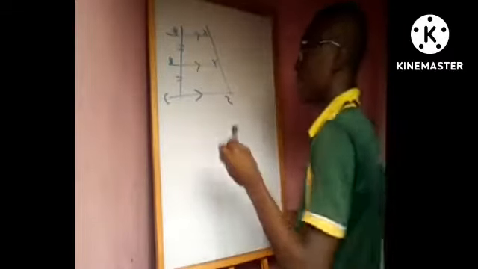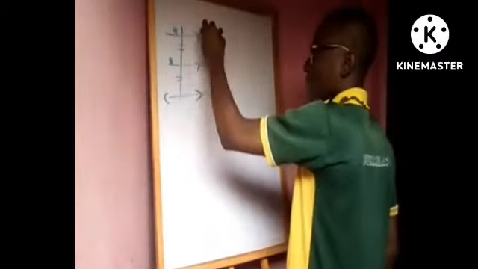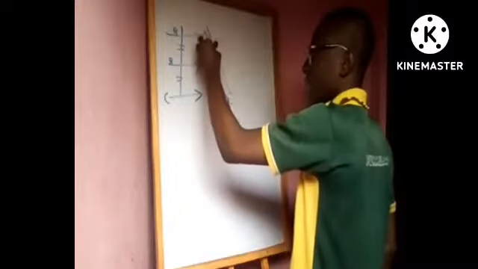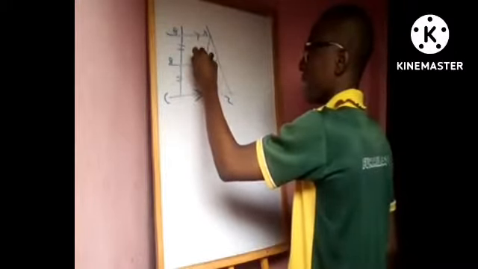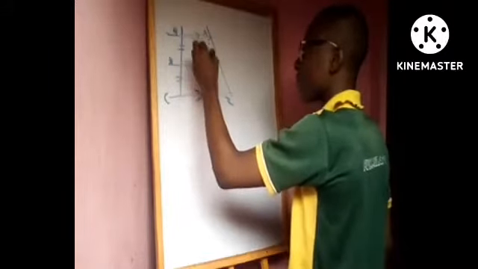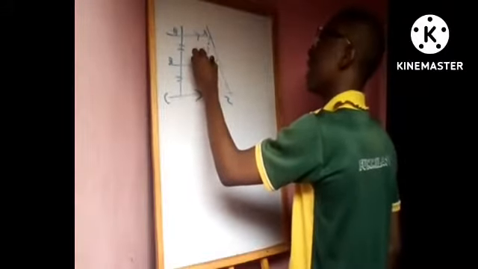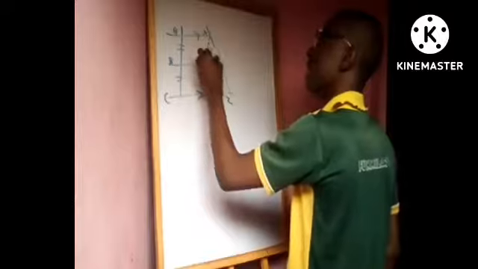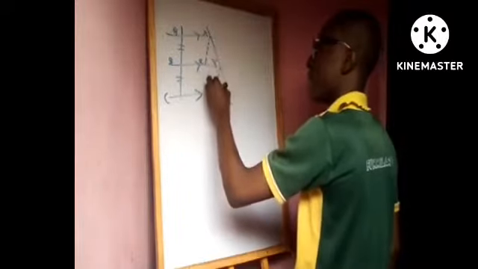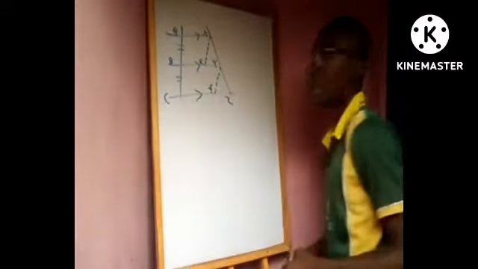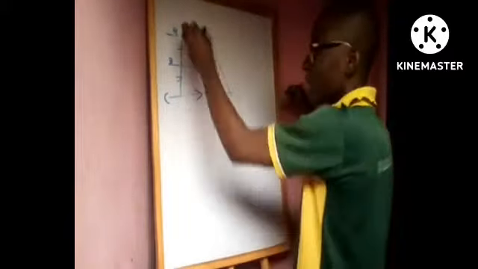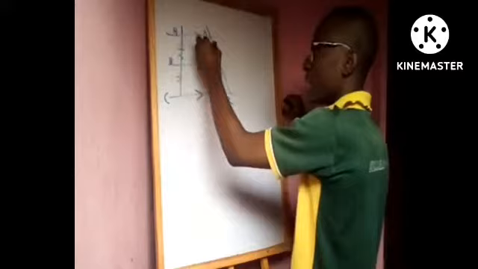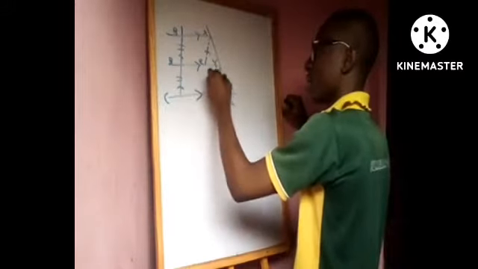Imagine we draw an imaginary line from this point X, parallel to AB. Let's draw a line XE, and then let's draw a line YF parallel to this one. Now this one is parallel to this line, and this is also parallel to this line.